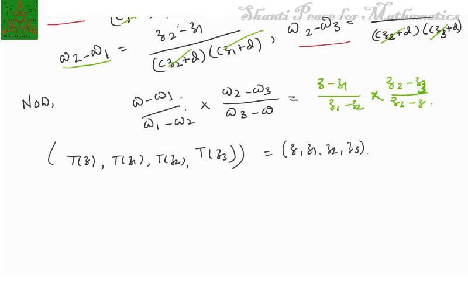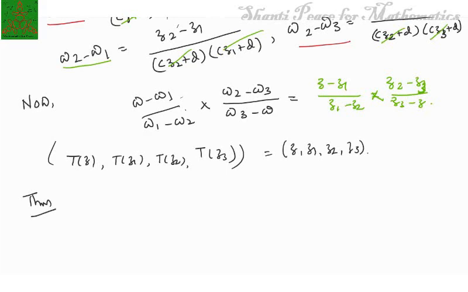Also, we have a very interesting result. It says that there exists a unique bilinear transformation which maps three given distinct points to another three distinct points. So that is a very interesting result that we have.